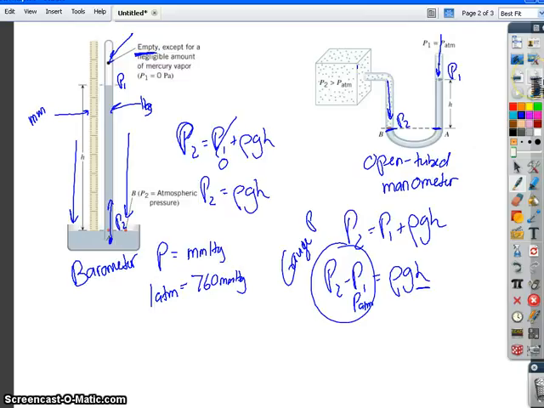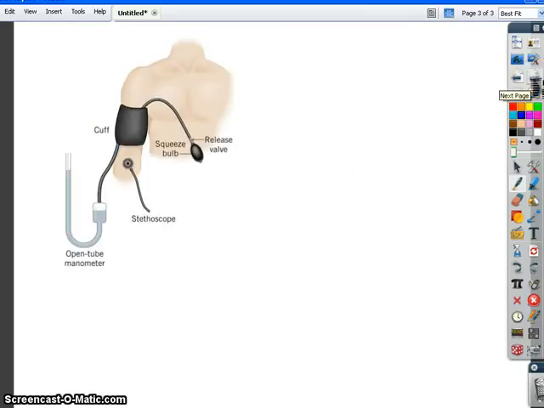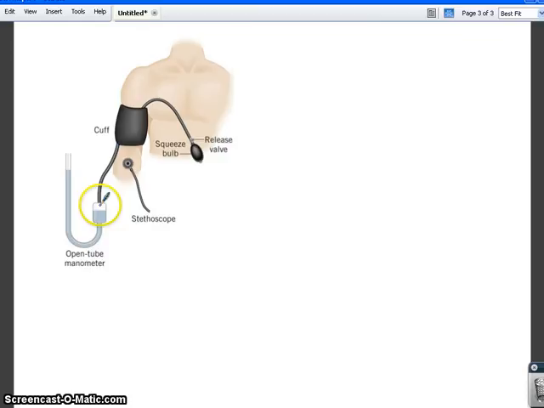One more picture here. I know this is not how a stethoscope really looks. It is not usually attached to an open tube manometer, but it's meant to show the example that when you have a stethoscope, you have the atmospheric pressure pushing down here, and then you have the pressure of the fluid inside pushing on the other end.